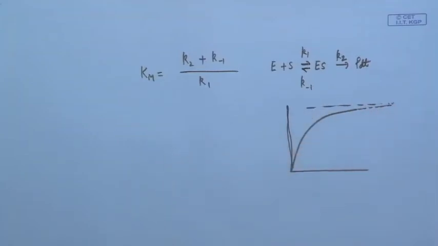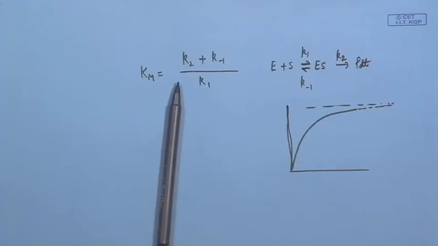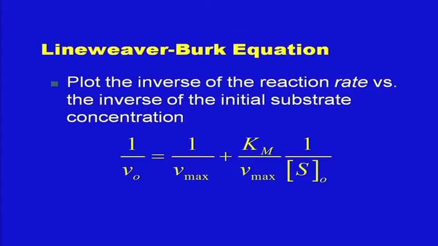So, that is why, to get more information, it is always better to express this complicated equation in a linearized fashion. That is why this double reciprocal plot, that is, the inverse of reaction rate versus the inverse of initial substrate concentration, is plotted. And you see, if you do this two-inversion plot, then it is just like a linear equation, where y will be 1 by v and x will be 1 by s naught.